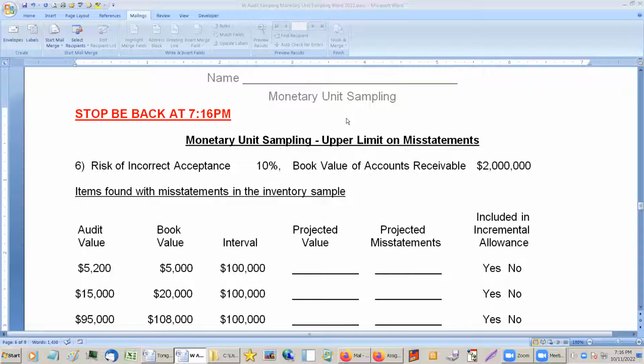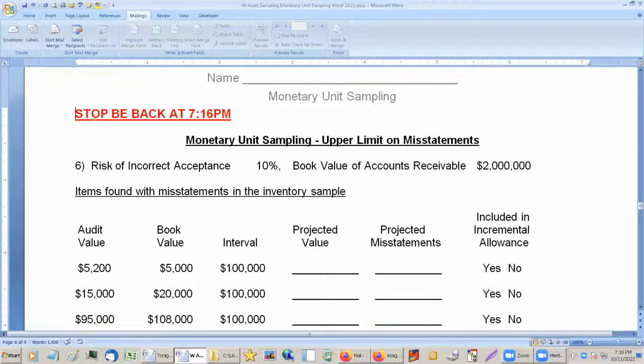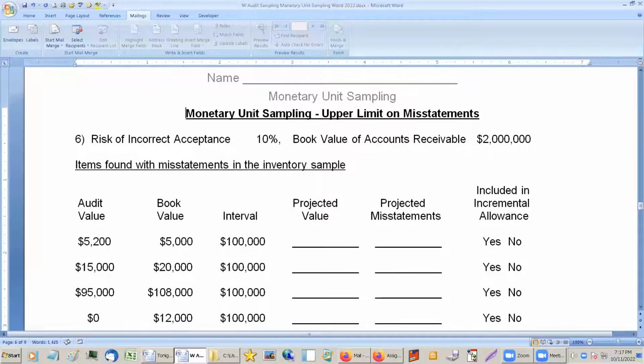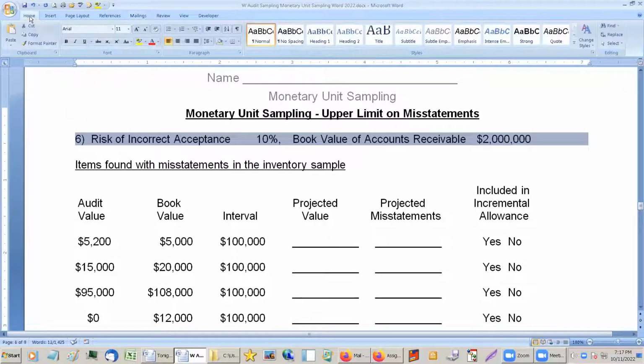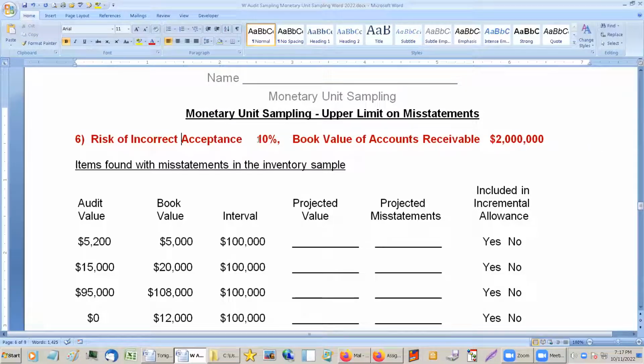Okay, excuse me. So number 6 is where we stopped last time. So let's get going back on this one. Risk of incorrect acceptance is 10%.